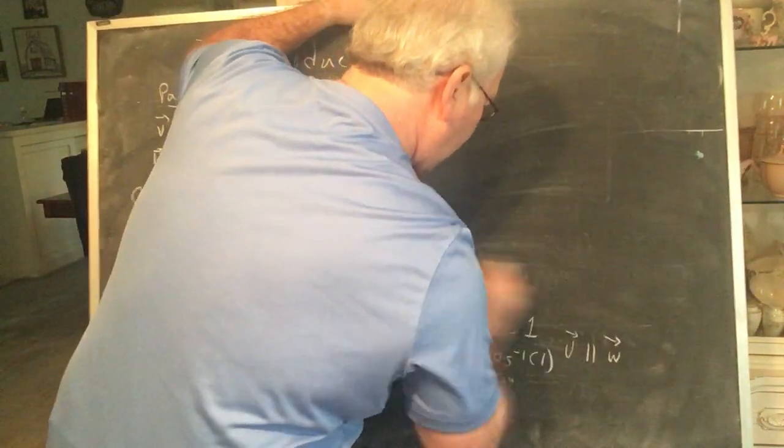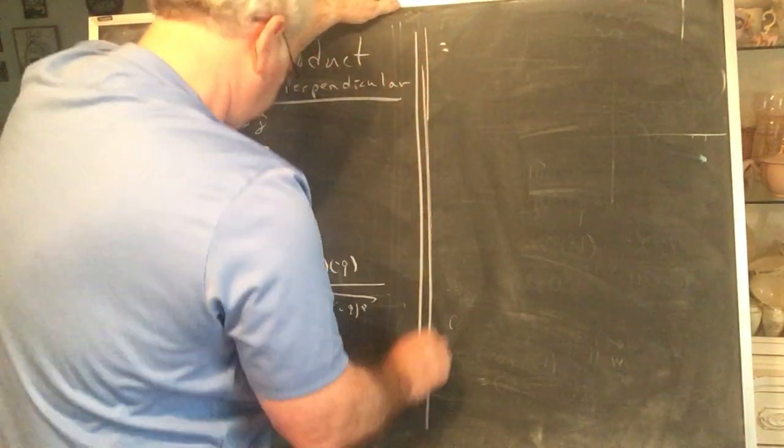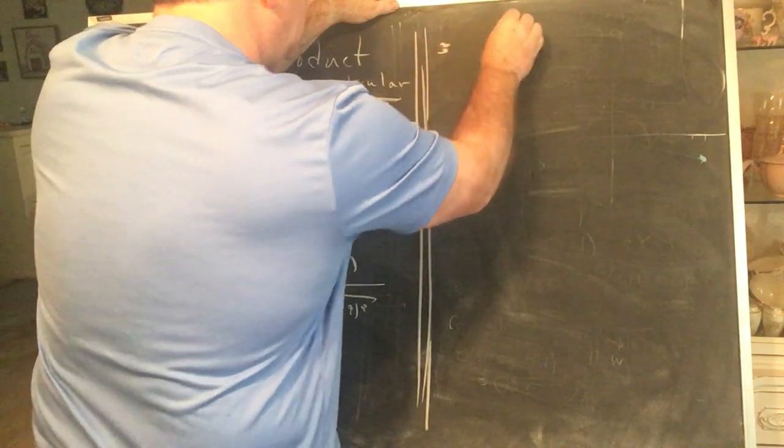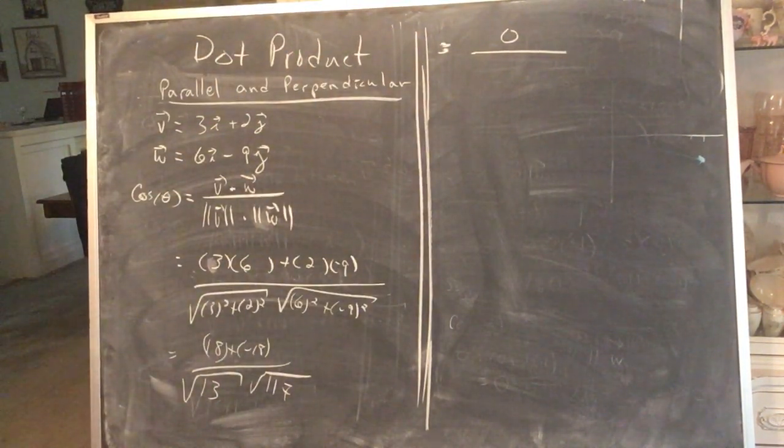So what do we get out of all that computation? Zero over 13 times 117, for the record. It doesn't matter, but 13 times 117 is 1521.